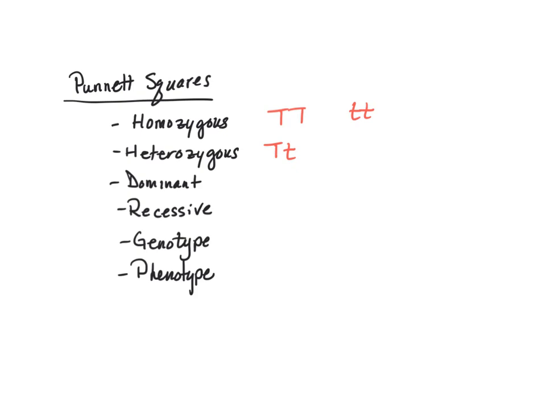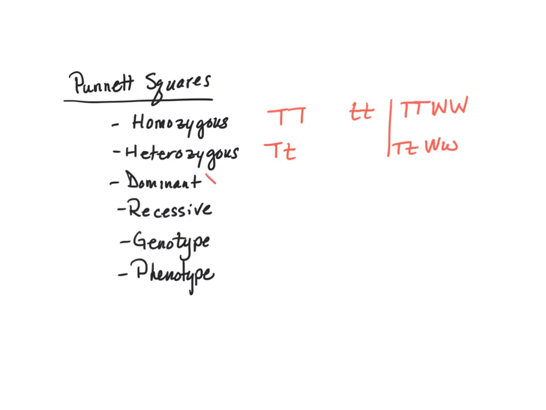When we talk about multiple traits, we can talk about homozygous dominant for tall, homozygous dominant for production of round seeds, or we could talk about heterozygous at both loci, right? So heterozygous at the locus for tall and heterozygous at the locus for producing round or wrinkled seeds, okay?